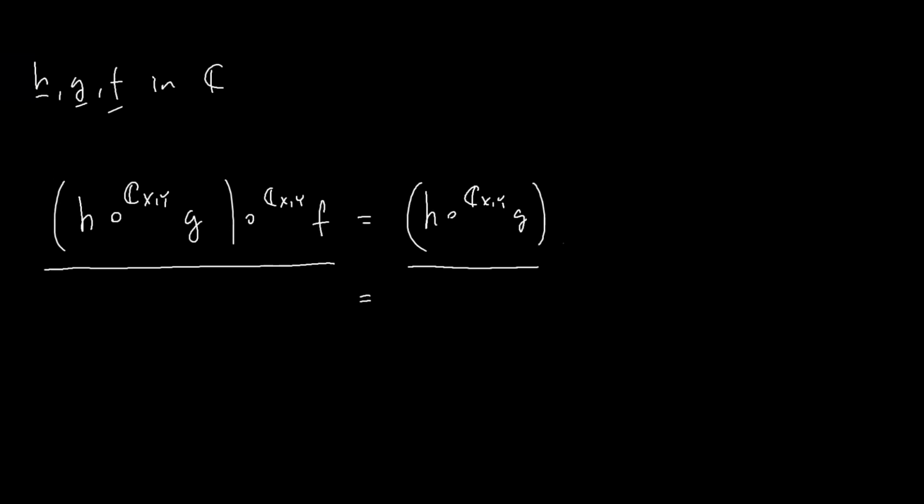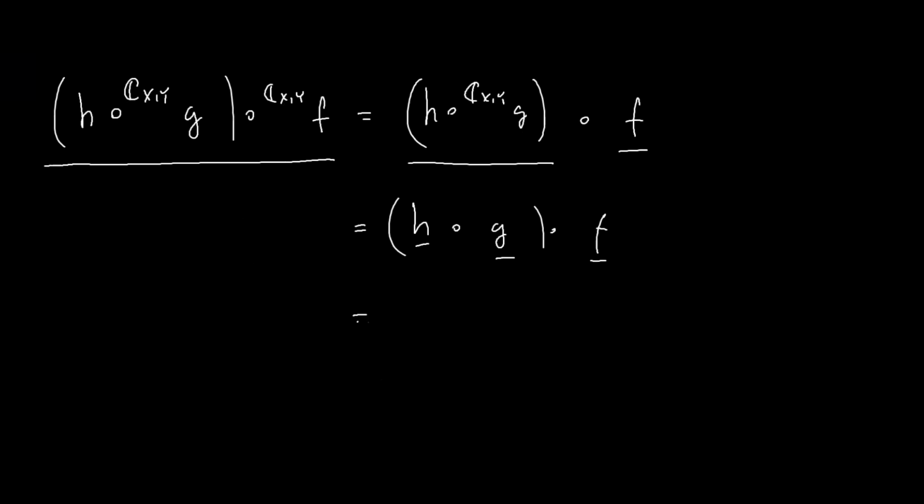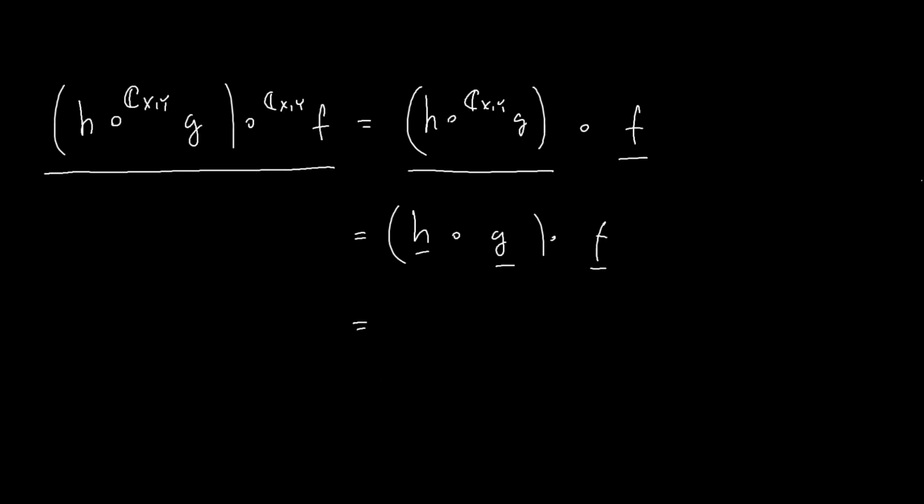It's going to be the underline of the first term composed in the usual way with the underline of the second term. Then the underline of the first term is the underline of H composed in the usual way with the underline of G. Then here we use associativity of composition in the category C. So thanks, Alexander.